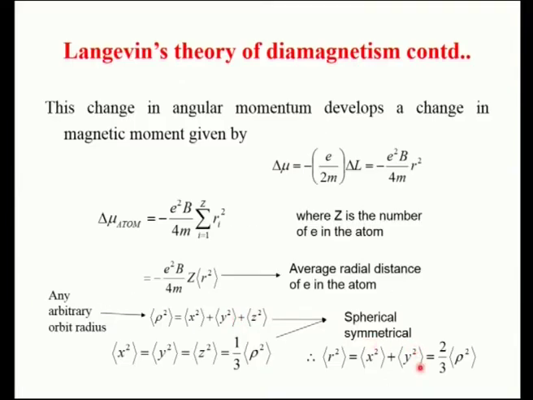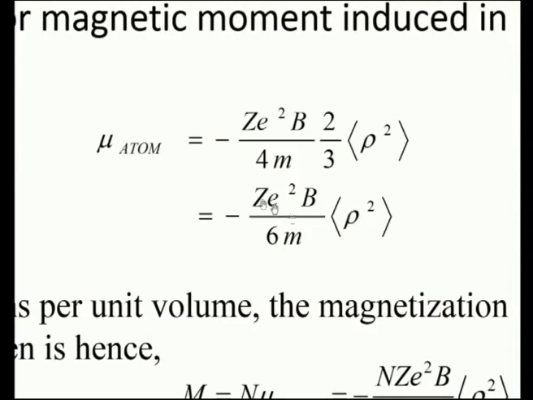Now we can write this in place of the r square here, and hence the mu atom becomes minus Z square B by 4m into 2/3 of rho square, that is, r square average is replaced by this for the 2 dimensional case. So we have minus Z square B by 6m, 2 to cancel here, 6m multiplying rho square. This rho square is the mean square radius of an atom.